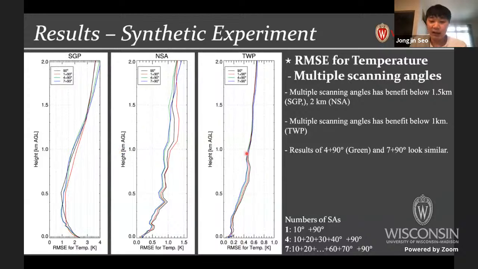And also there is improvement at TWP site when we use the multiple scanning angles. And last, the result of 4 more scanning angles plus zenith and 7 more scanning angles plus zenith look similar, the red and the green and blue.